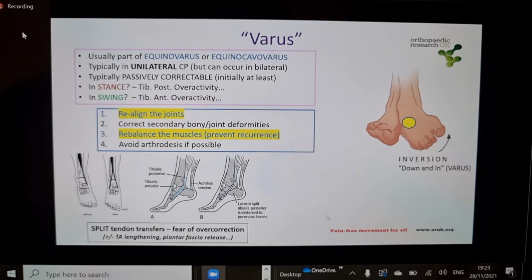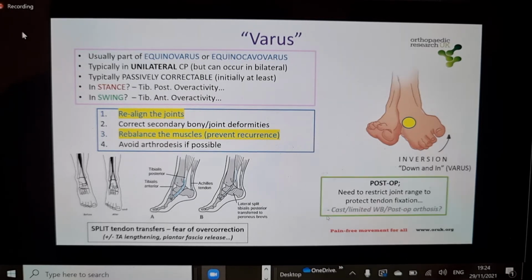In the cerebral palsy cases, we tend to do a split transfer because experience has taught us that overcorrection is a real problem if you transfer the whole tendon. So we like to hedge our bets and just transfer half the tendon, as you see in these pictures, both for the tibialis anterior and for the tibialis posterior. And these, when combined with other soft tissue procedures like plantar fascia release or Achilles tendon lengthening, can be a really powerful, effective and long-term way of correcting these varus problems.